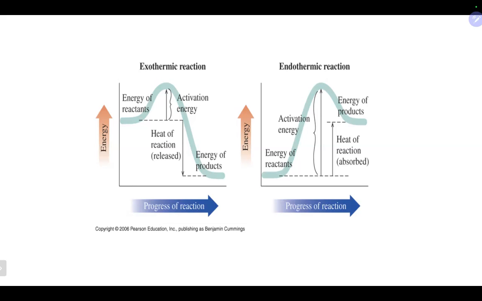This energy diagram shows us the energy of our reactants and the energy of our products. So remember, when we do a chemical reaction, we start with reactants, then we go to products. The reactants, again, are the starting materials in a chemical reaction. The products are what are obviously formed as a result of the chemical reaction.